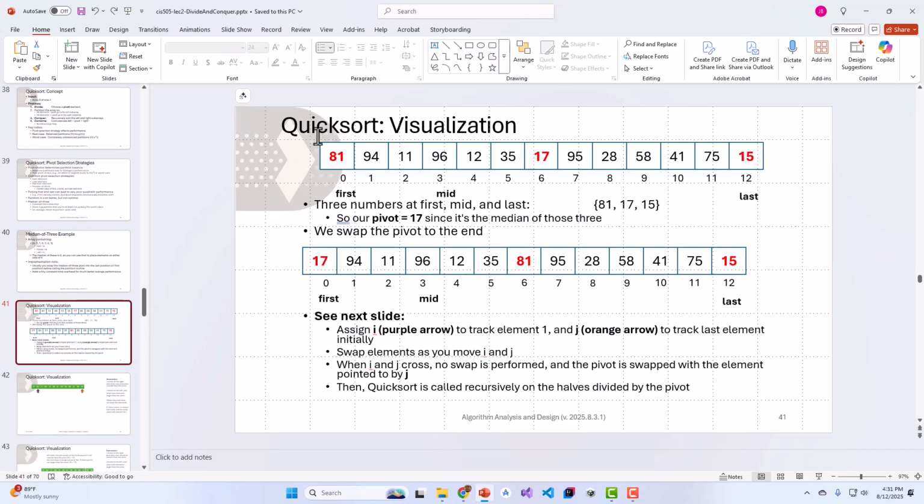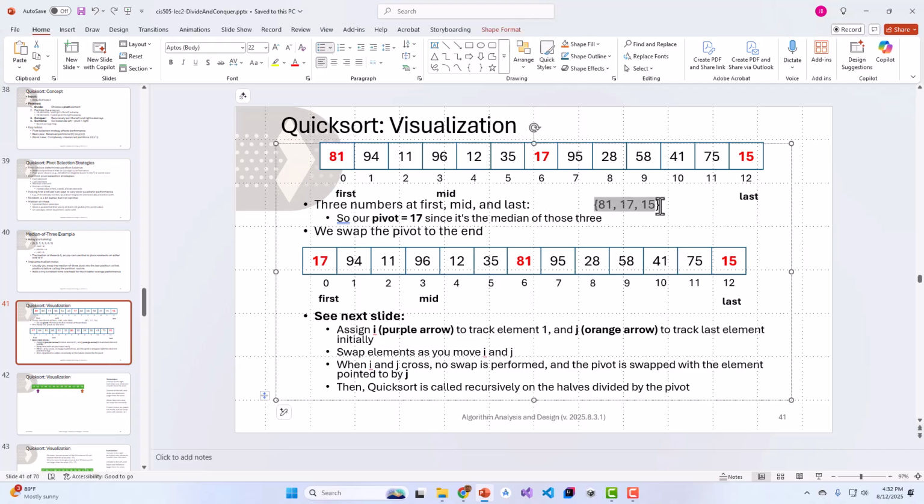Okay, so let's say we have our original array. This actually ends up being different colors than the subsequent slides, but it's the same array. This is just our basic introduction, 3 numbers at first. So we're going real slow on this first slide, and then we'll raise it up a little bit. We want to find the median of 3. I have an 81 in the first spot, a 17 in the middle, and a 15 at the last.